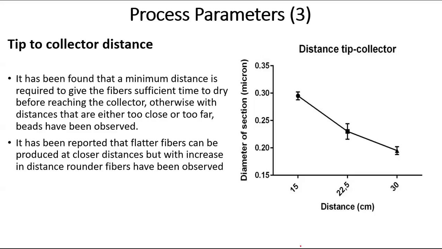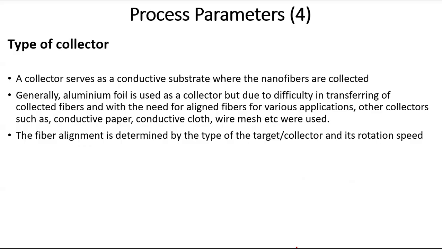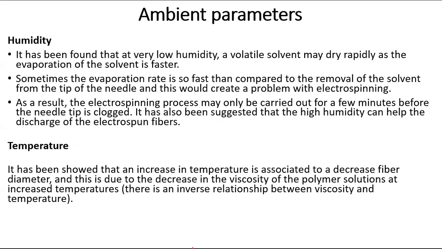Otherwise, with distances that are either too close or too far, beads can be observed. It has been reported that flatter fibers can be produced at closer distances, but with increased distance, round fibers can be observed. And the type of the collector, depending on its shape and type, we can have aligned or randomly oriented fibers.